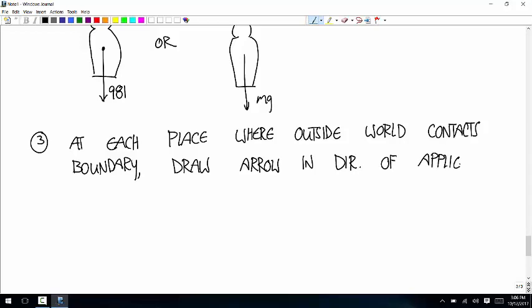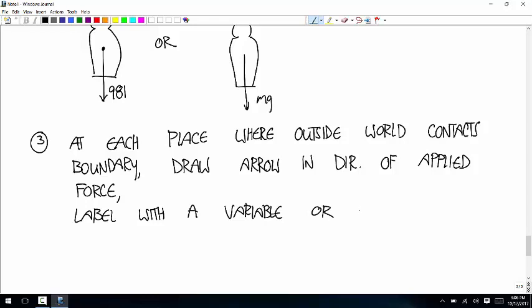I'll just say applied force. And label it with a variable. If you don't know the magnitude of the force, which is most of the time what it's going to be, label it with a variable, or if you happen to know the value of the force, you can just put the value in.